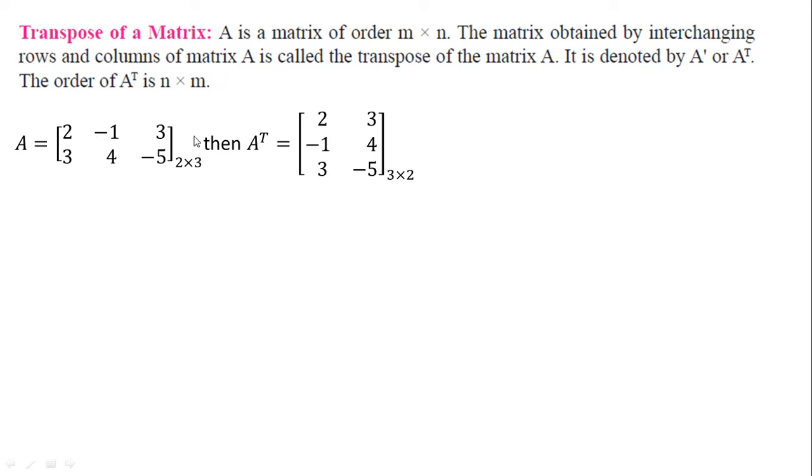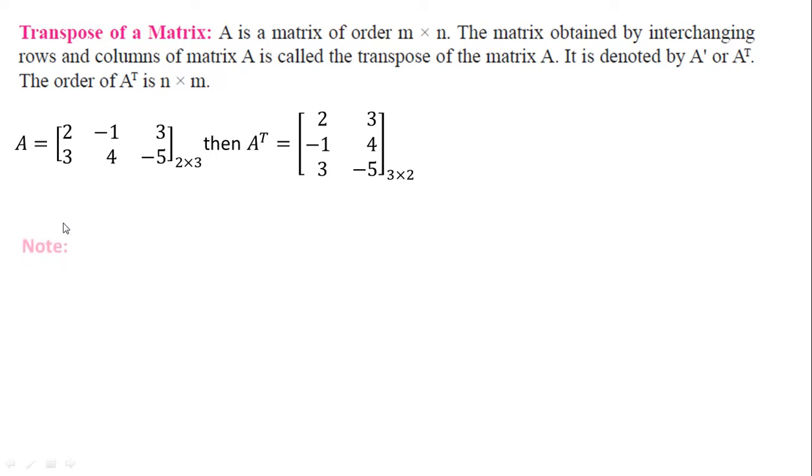This is a row, make it a column, or write it as a column like this. Similarly, the second row as the second column. This is just a procedure to get the transpose of a matrix. So the order is 3 by 2. There are 3 rows and 2 columns. Very simple concept, that is the transpose of a matrix.